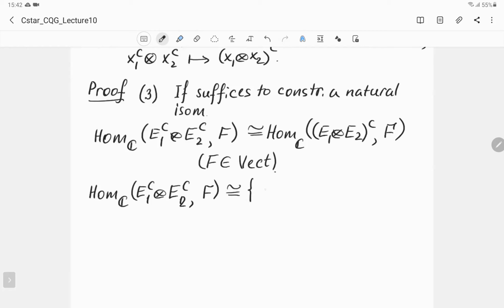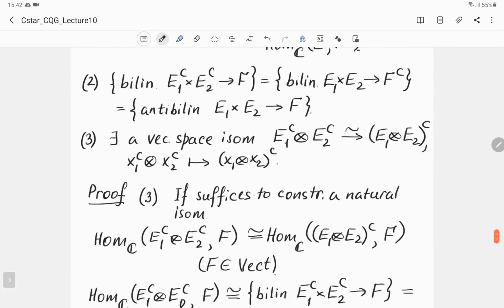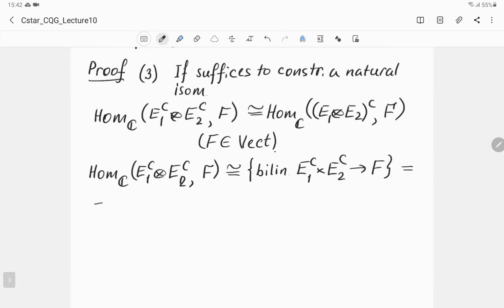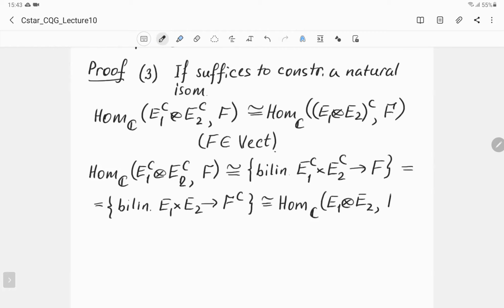This is naturally isomorphic to the space of all bilinear maps from E1C cross E2C to F. Now using the second part, by using this formula, we can replace this by the space of all bilinear maps from E1 cross E2 to the complex conjugate of F. Now, by the universal property of the tensor product, this is nothing but the space of linear operators from the tensor product E1 tensor E2 to FC.